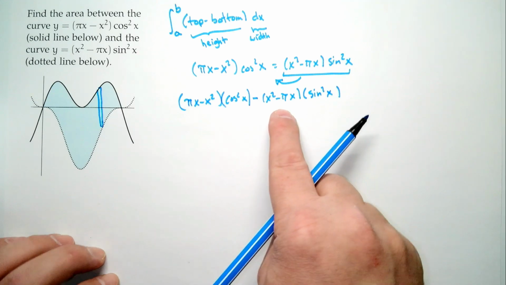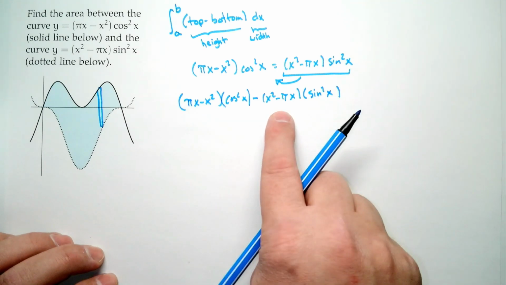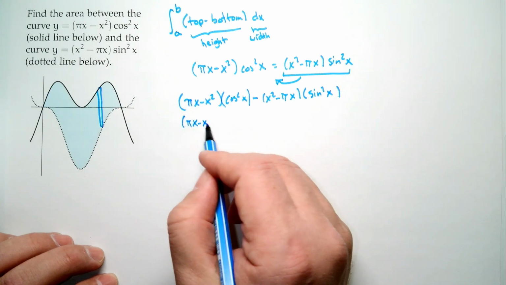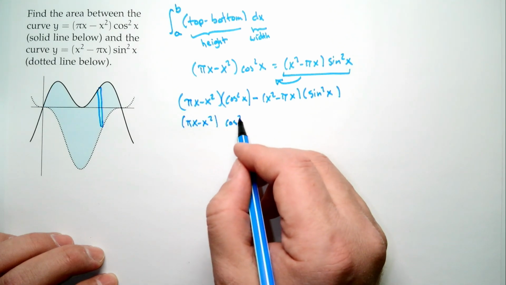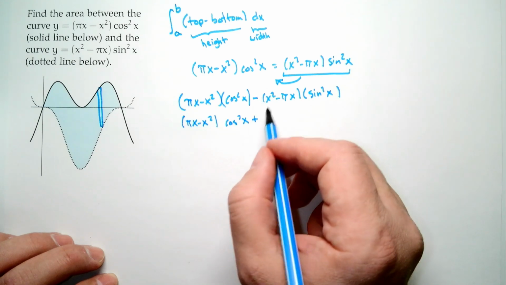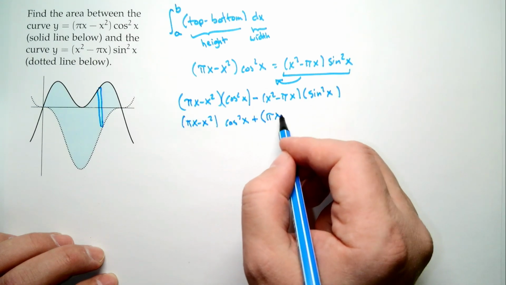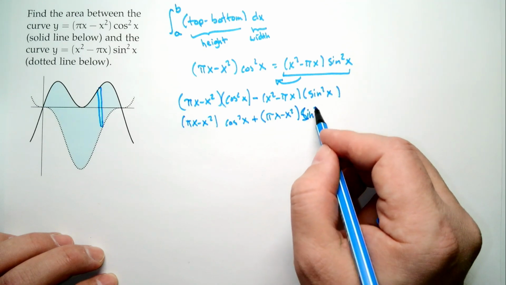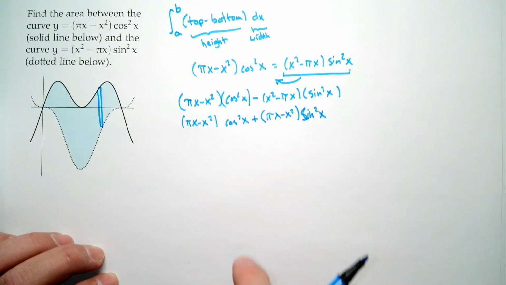How do they differ? They differ by a sign. And we saw the sign, and it opened up our eyes. So I'm going to put that minus through, so it becomes pi x minus x squared. So we haven't done much. All we've done is take that minus and distribute it.